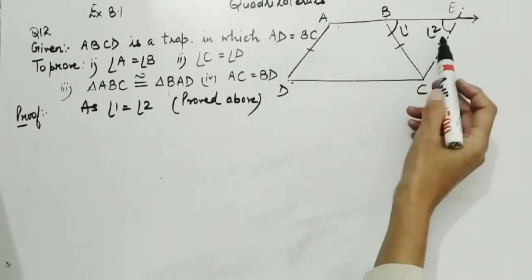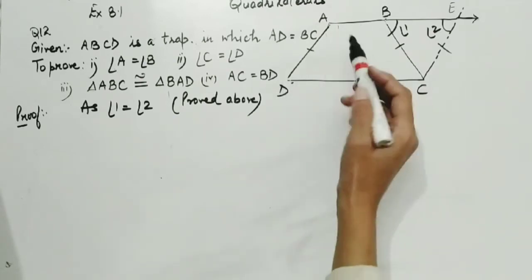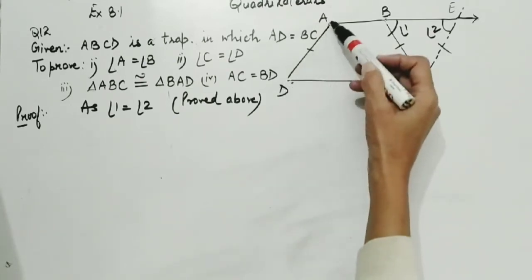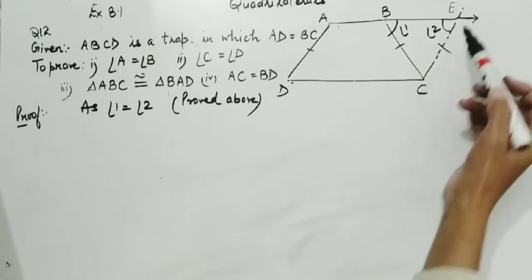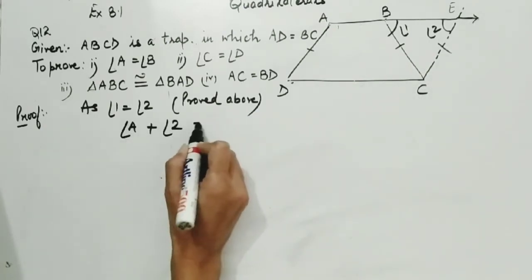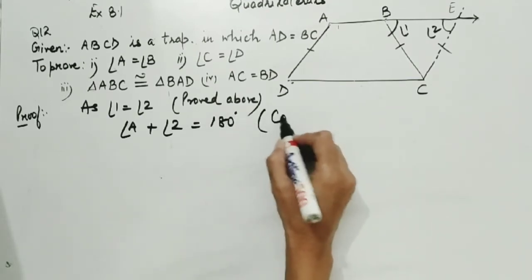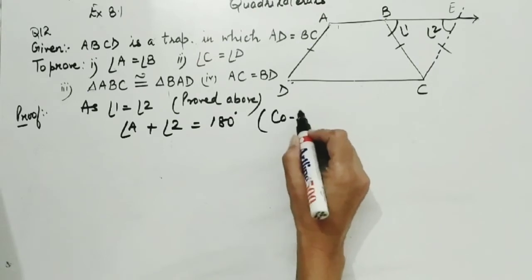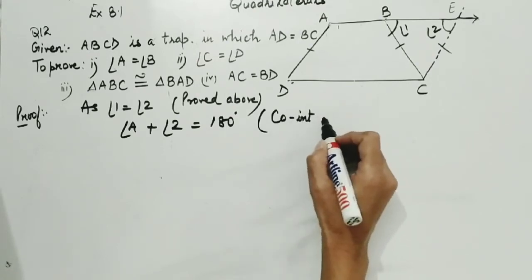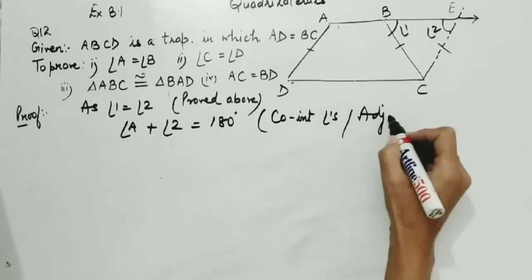As 1 and 2 are already equal, it's proved above. Now let's see, since this ADCE is a parallelogram, can we say angle A and angle 2 would be adding up to 180? They are actually co-interior. Either you write co-interior angles or you say adjacent angles of a parallelogram.